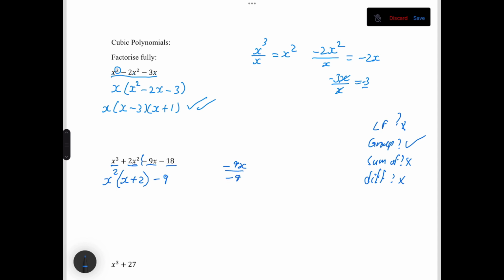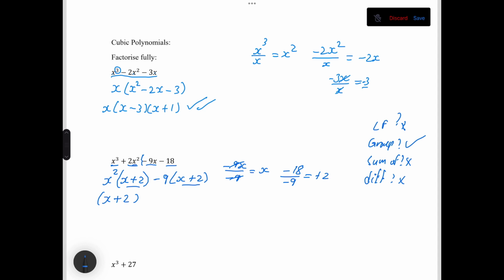A negative divided by a negative is a positive, so we cancel out the 9's. That's how we get x there. Then we take negative 18 over negative 9, and the answer is positive 2, so x plus 2. Now we know from previous grades that when brackets are repeated, we write it down once. So x plus 2.